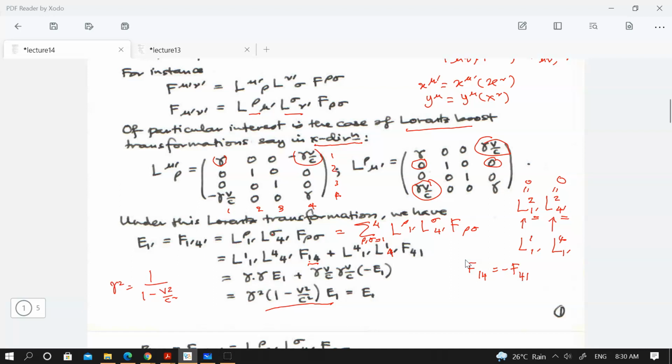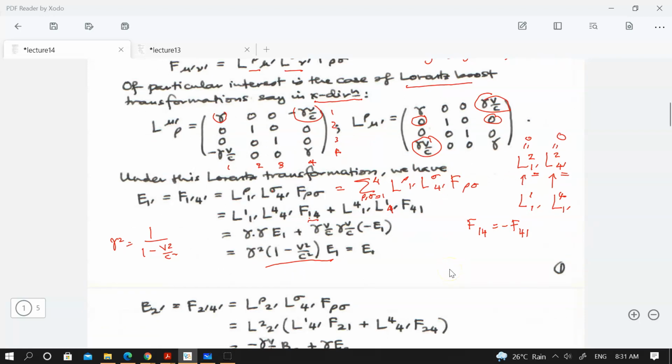So gamma squared cancels this, and you just go back to having the first component of the electric field. In other words, the first component of the electric field does not change under the Lorentz boost transformation in the x direction. So that's not so interesting then. Your electric field doesn't change, but let's look at the other components.